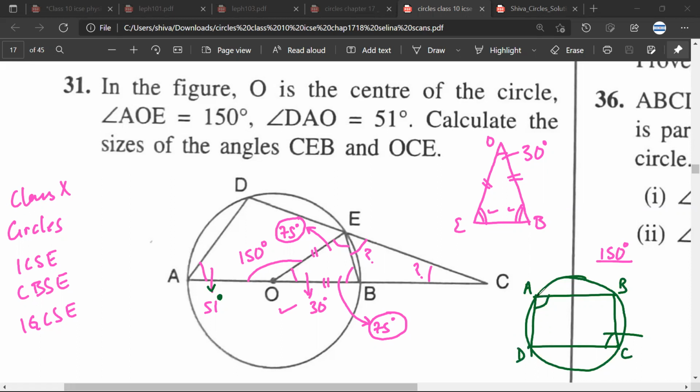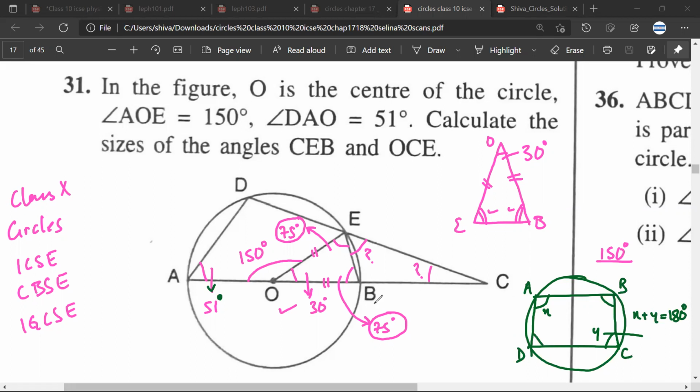Angle A plus angle C would be equal to 180 degrees. Am I correct? Yes. So x plus y would be equal to 180 degrees. Similarly, this angle plus this angle would be equal to 180 degrees.